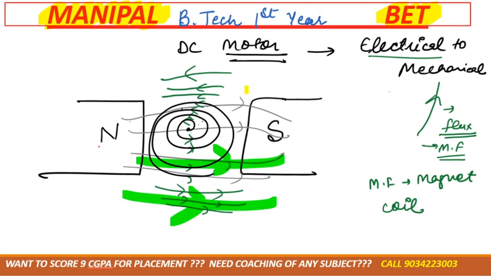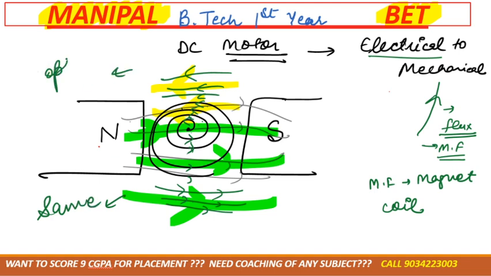But if we see from the above side, the coil's magnetic field lines are moving like this, and the magnet's lines move like this. That is opposite. Suppose this is the north pole and this is the south pole.